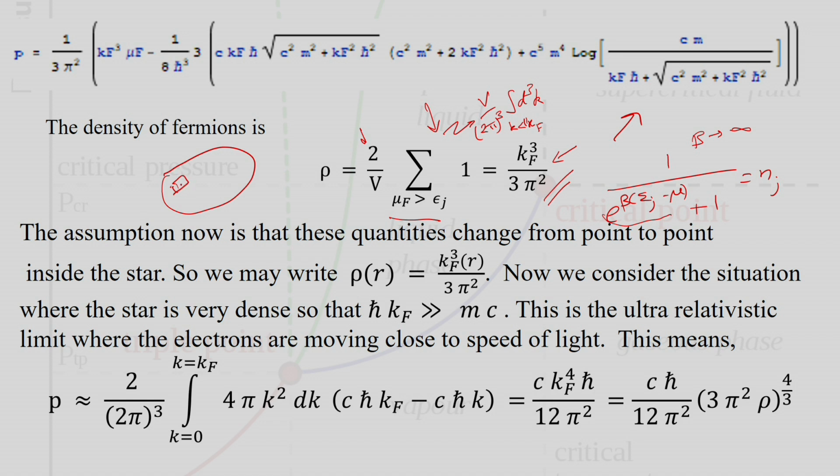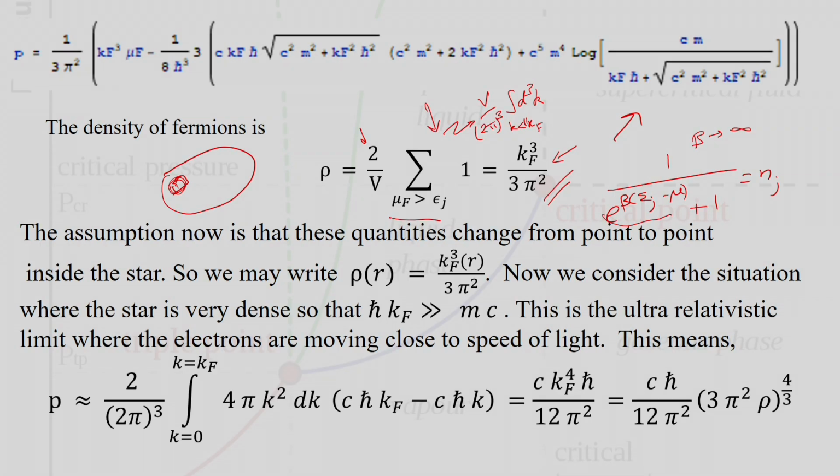If you are at some point r, you can demarcate a certain volume around that point, and whatever volume you demarcate is necessarily macroscopic, but it is going to be minuscule. You can always have a situation where the volume that you mark out is incredibly tiny compared to the size of the star, but incredibly large compared to the electronic length scales involved, like the thermal wavelength. So, you can suspect that there will be an enormous number of electrons in this small volume.